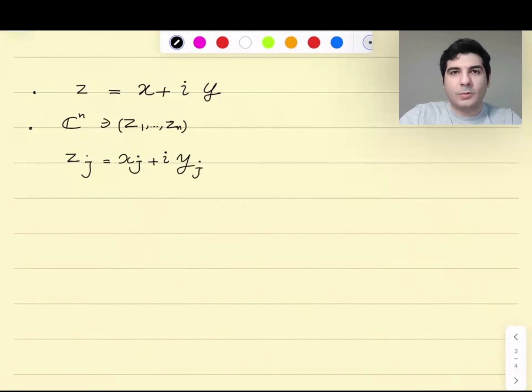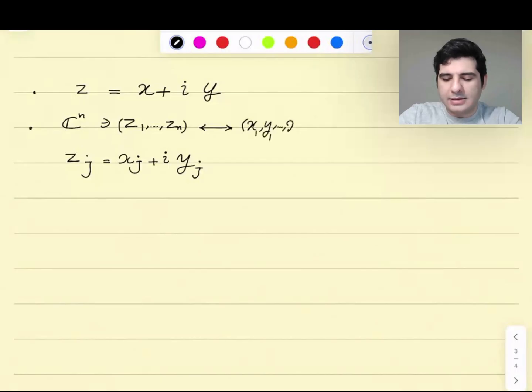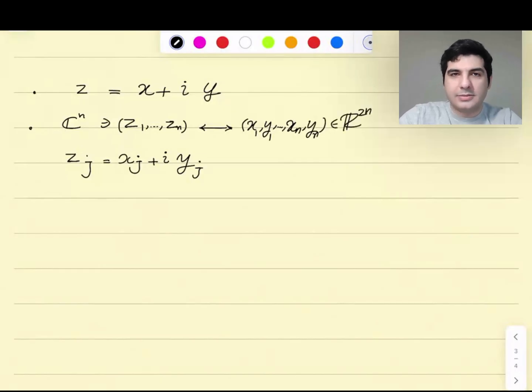So any point z1 up to zn corresponds to a point denoted by x1, y1 up to xn, yn, a point in R to the 2n. So this is a one-to-one correspondence between Cn and R to the 2n. Okay, so that's the first thing we learned.